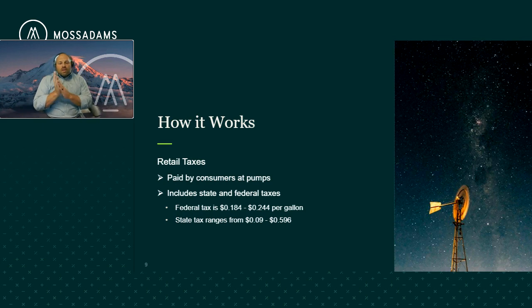But how does it work? In theory, it's supposed to be a retail tax. So it's paid by the end consumer when they buy fuel at the pump, or they buy bulk fuel and have it delivered to their job site or their yards. That's when the tax should be paid. Obviously, from a refiner to a retail location, there are a bunch of different stops along the way where the tax could be imposed.